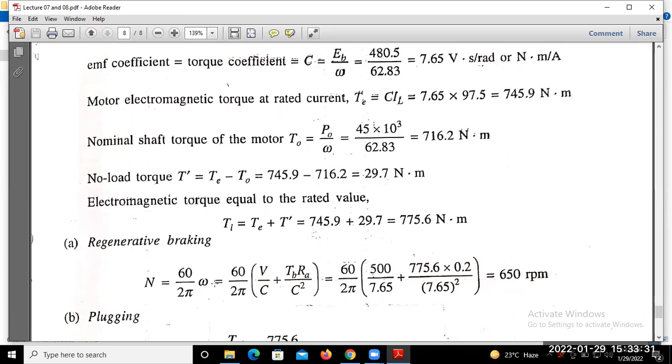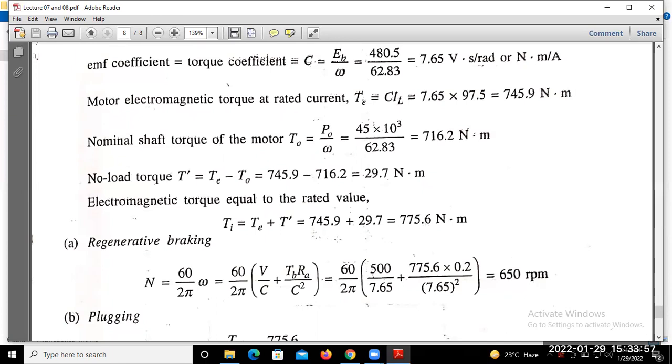We already derived in the theoretical class or previous class, that is omega in terms of torque. So this back EMF equals, just put here the braking torque. This is braking torque, A is equal to this value, that means 775.6 Newton meter.